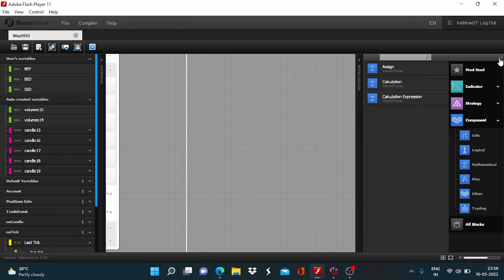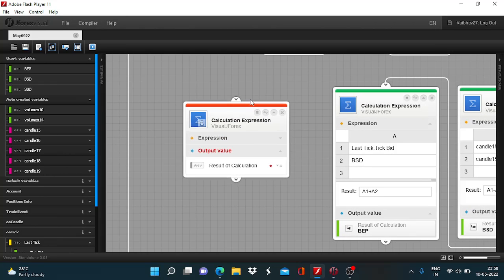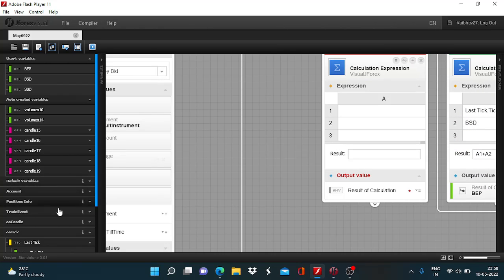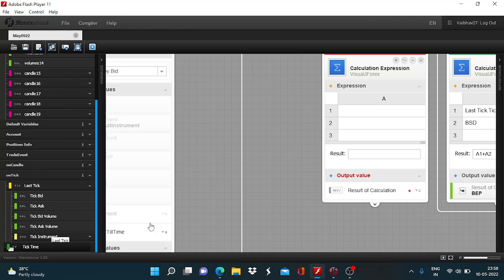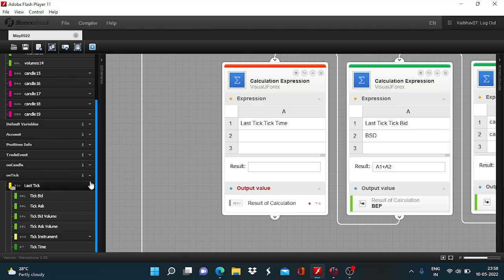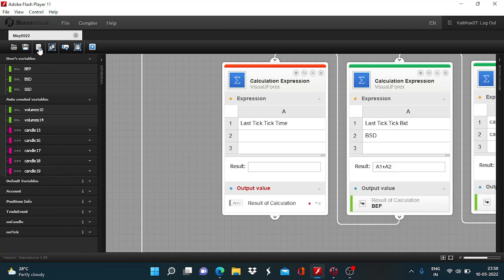So for that, we need another of these calculation expression blocks. Then we take last tick time and add it to 3.6 million ticks multiplied by 2.